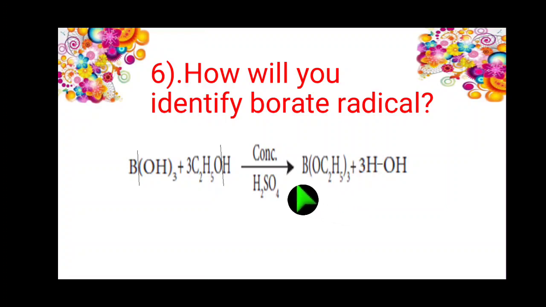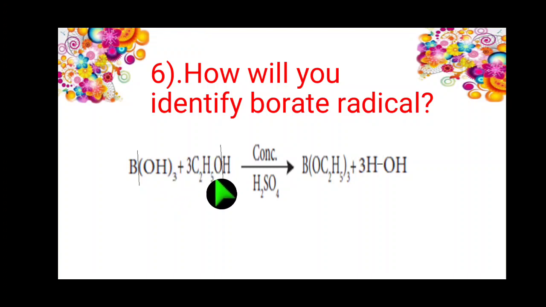Here in this equation, the OH in the boric acid and the OC2H5, these two will be exchanged, right? So in the place of OH, OC2H5 will go here, and OH will come here.